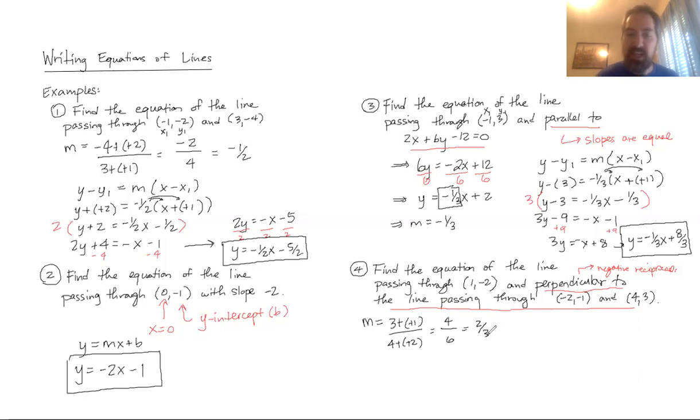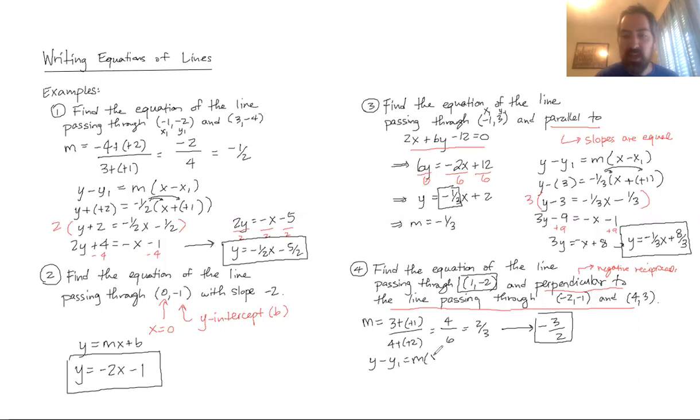All right, so the line that we're looking for is perpendicular to this line. So we need to take the opposite reciprocal, or the negative reciprocal. So we'll flip that fraction to make it 3/2 and change the sign, make that a -3/2. -3/2 is the slope of the line that we're trying to find. So now we'll take the point 1, -2 and the slope -3/2, and we will plug that into the point-slope formula.